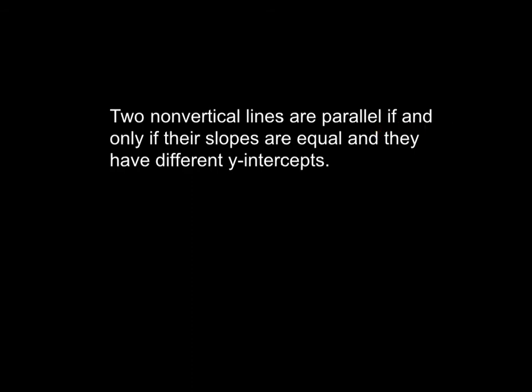The phrase "if and only if" indicates that the 2 portions of this can be switched around. So it could be: 2 non-vertical lines have equal slopes and different y-intercepts, then they are parallel. Or if 2 non-vertical lines are parallel, then their slopes are equal and they have different y-intercepts.